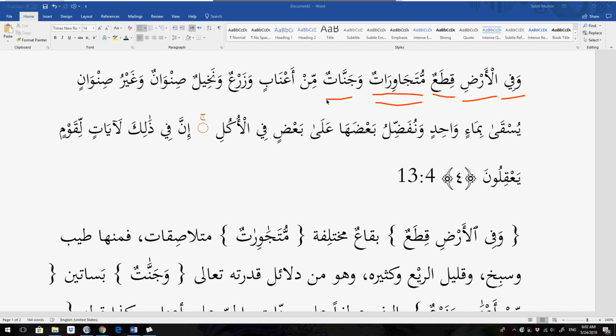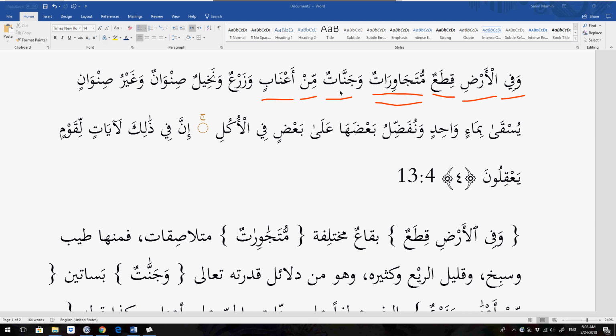وَجَنَّاتٌ, and gardens. Jannatun is gardens. Min a'nabin, gardens of vines, grapevines. And notice the word here, jannatin. Let me just make a comment here for you.